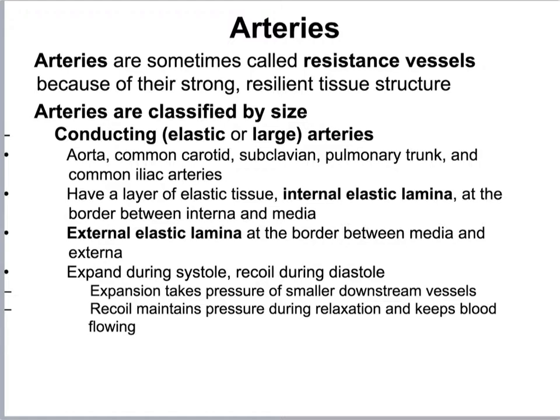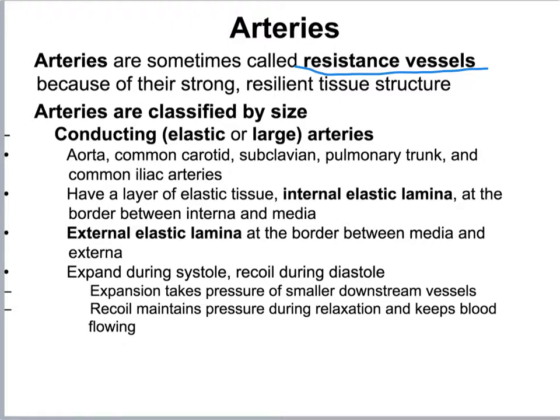Arteries are where most blood resistance takes place. They're also where your heart pumps blood into your arteries. The heart is the main force that forces blood into the arteries, and the arteries are the main thing that resists flow. Where you have flow resistance, it mostly happens in arteries, and so arteries are sometimes called resistance vessels.